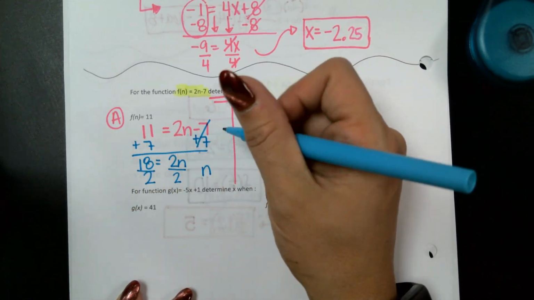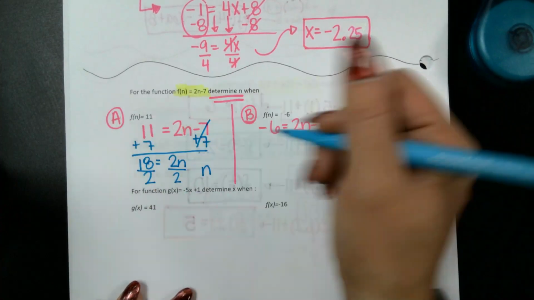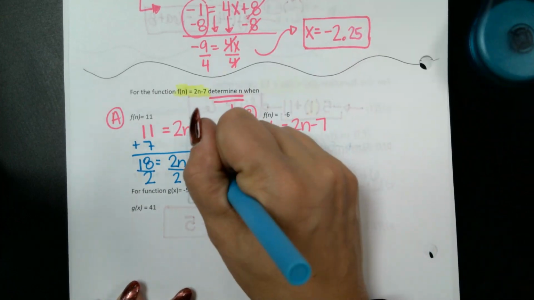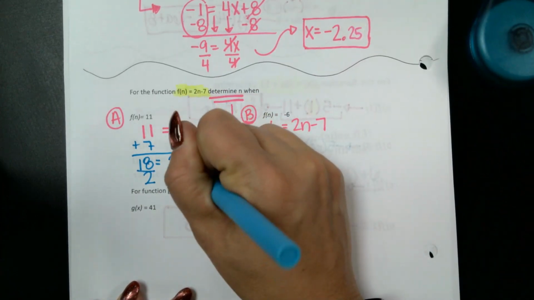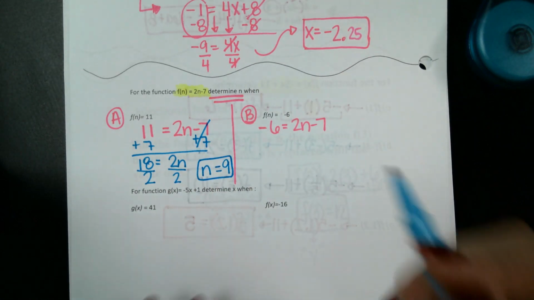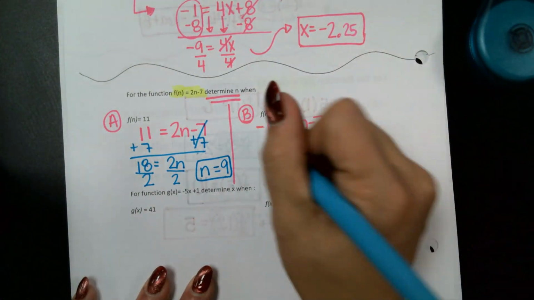You should be adding 7 to both sides. You have to do the opposite. You subtracted 7, yeah. You will divide by 2 at the end, but you've got to add the 7 and then divide by 2. And you guys can go ahead and do B as well.